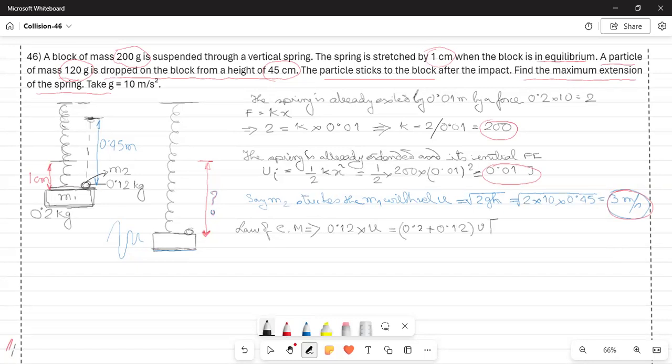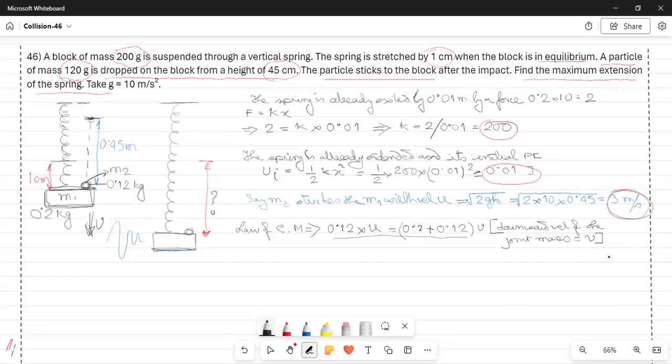Now what is v? v is the downward velocity of the joint mass. That means if both of them together start dropping with an initial velocity v, then the law of conservation of momentum gives me this equation.